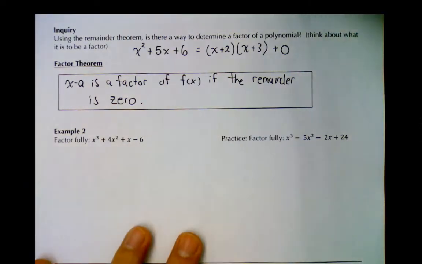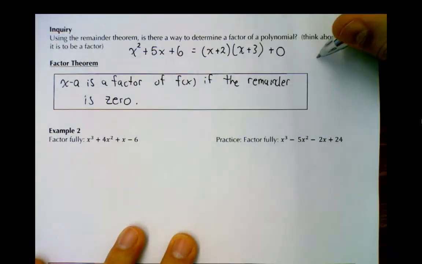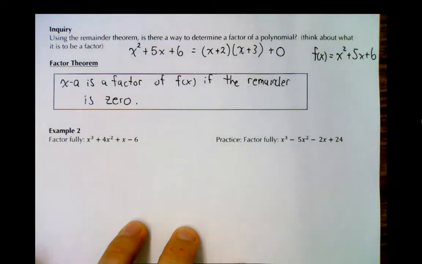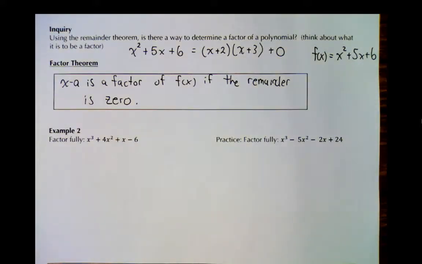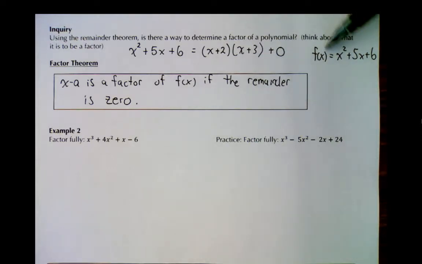And let's think about that for a second and see if that makes sense. That means, say we have our function, say f of x equals x squared plus 5x plus 6. We were told, according to the remainder theorem, that if we plugged in, say, -2 or -3 into our function, we should get a remainder.